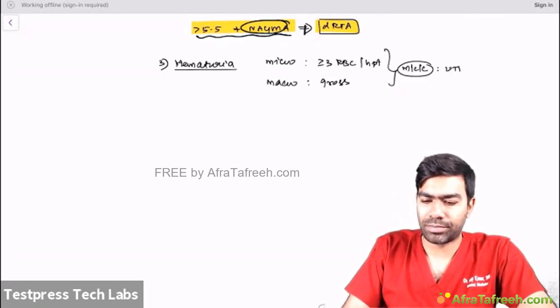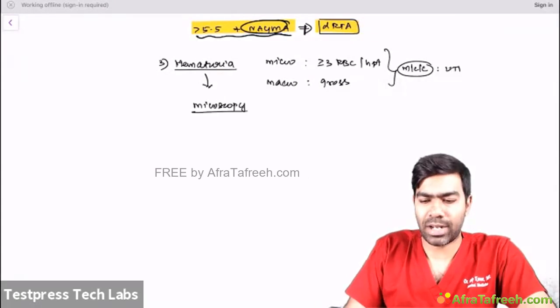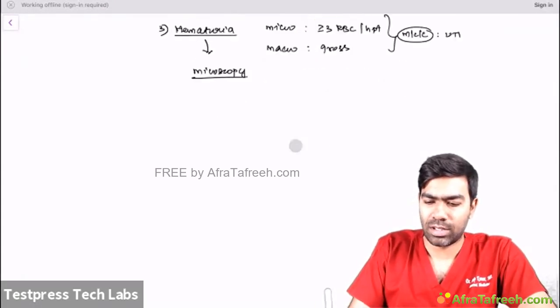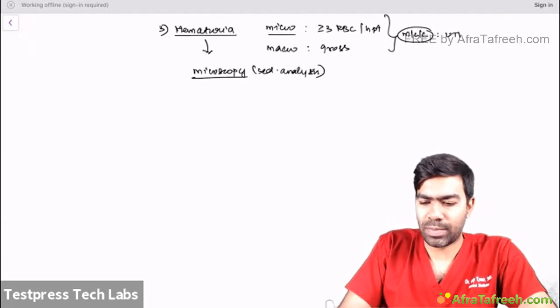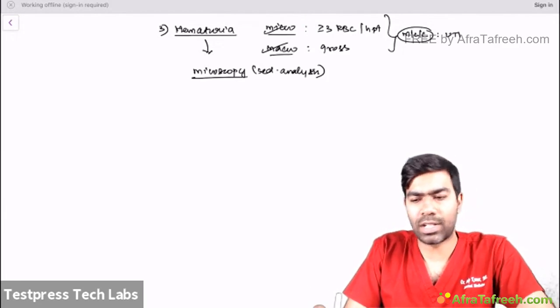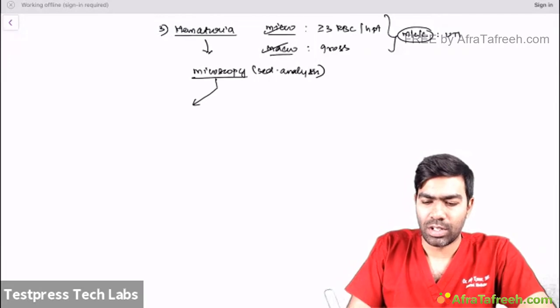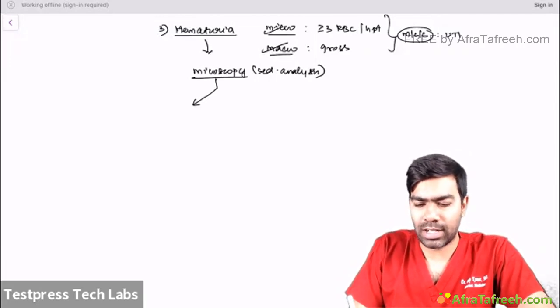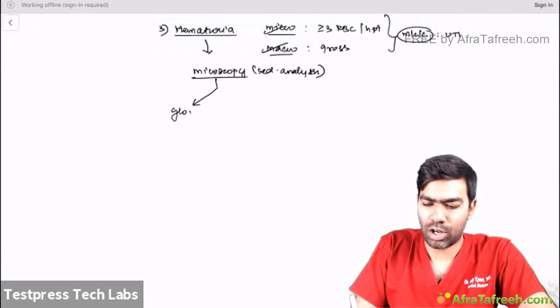And as far as the sediment is concerned, when you do a microscopy, we call it sediment analysis. This micro and macro can be told by dipstick itself, so you don't want sediment analysis for that. As far as sediment analysis is concerned, you need to know whether it's a glomerular hematuria or a non-glomerular hematuria.